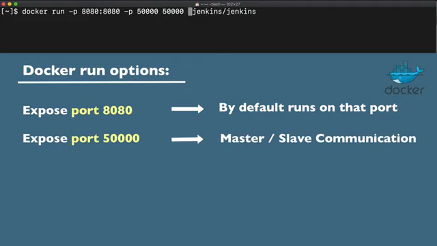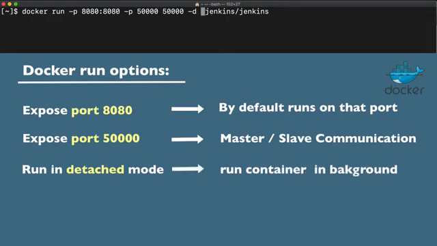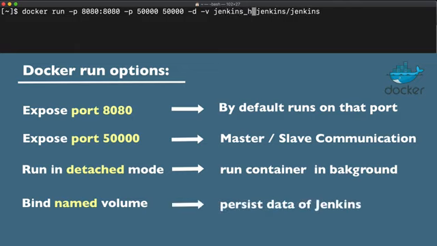Now I'm going to run it in detach mode, and I'm also going to bind volumes to it. To do that, I'm going to use -v, and I'm going to use a named volume, which I'm going to call jenkins_home. Meaning I don't have to have this as a folder.